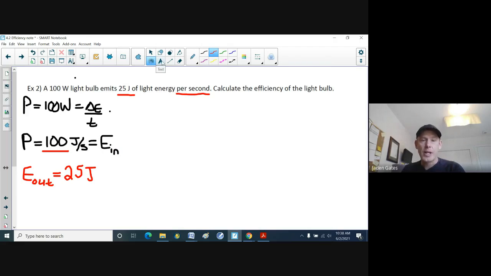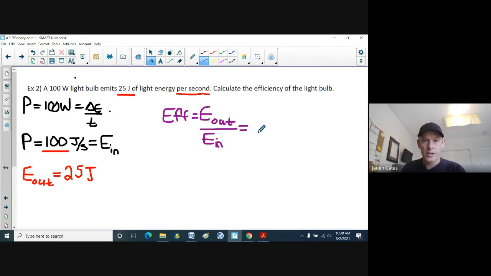Now, again, calculating the efficiency, I'm going to call it EFF, efficiency. We have our energy output, which goes on top. I'm going to draw that in there. E output divided by the E in, how much electrical energy this light bulb uses.